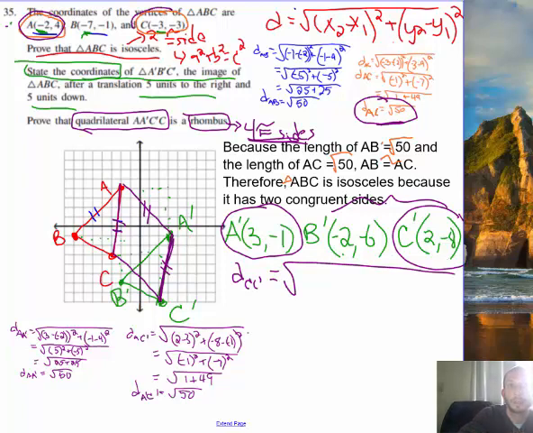C to C prime. Let's actually circle those so that I don't use the wrong points. C to C prime.